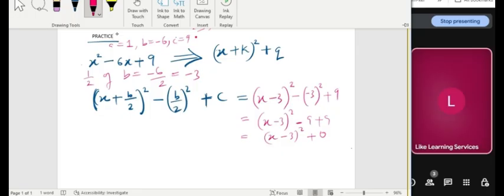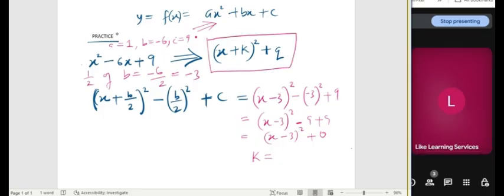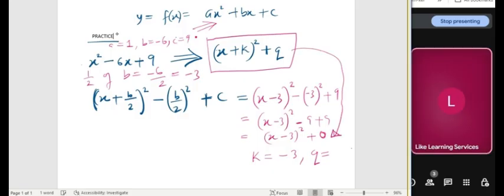So k is what here? Comparing with this, k is minus 3. And q is what? Minus 9 plus 9 is 0. Q is 0.